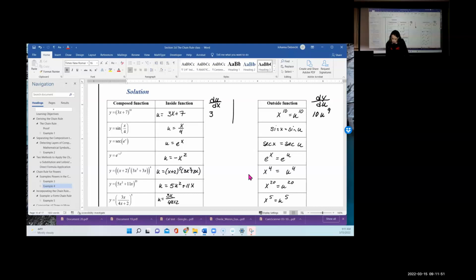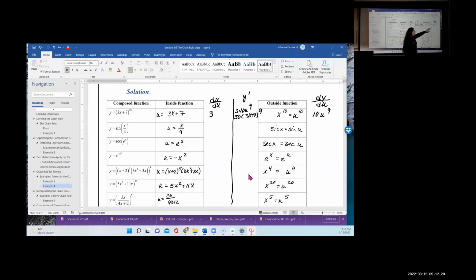So when we're done with the derivative of the inside function, we can find the derivative combined, which would be 3 times 10u to the 9th. And then we replace the u with what it was originally. So this gives us 30 times (3x plus 7) raised to the 9th power.